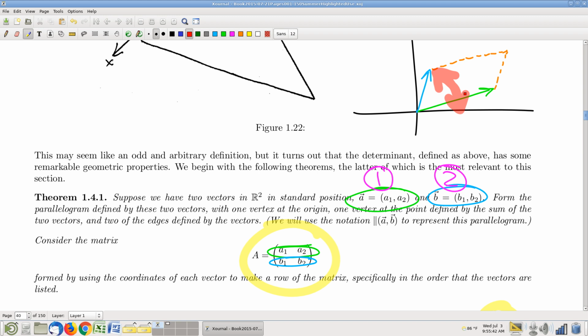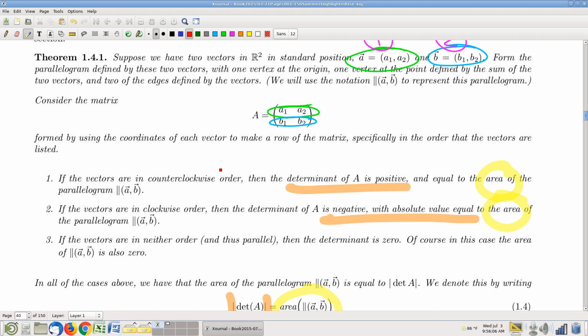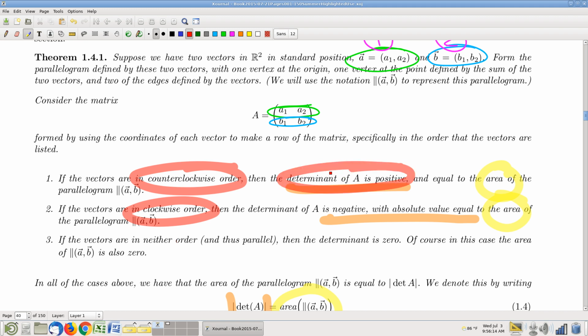That ordering is either clockwise or counterclockwise. How do we decide? One would think we have to draw the vectors and look at the picture and think about it geometrically. Turns out no. The ordering is also decided by the determinant: whether it's counterclockwise or clockwise is decided by whether the determinant is positive or negative. Super weird.